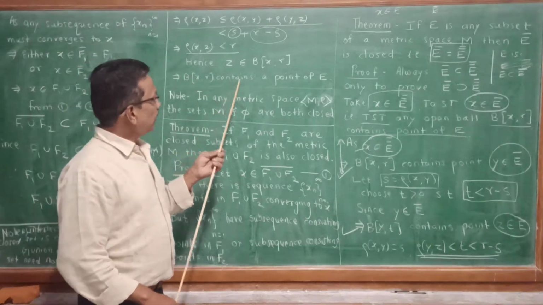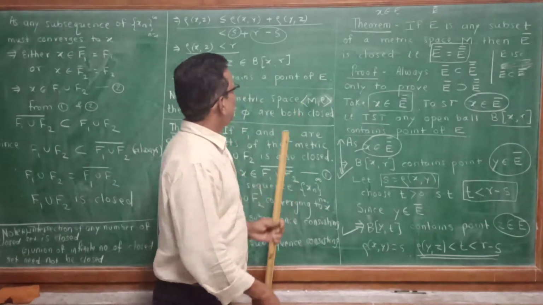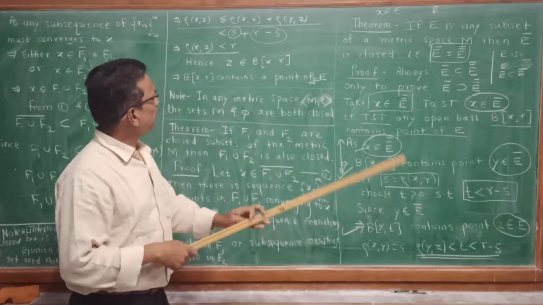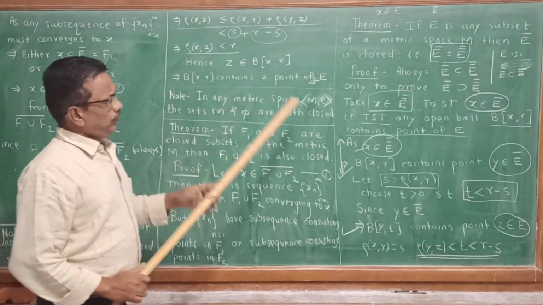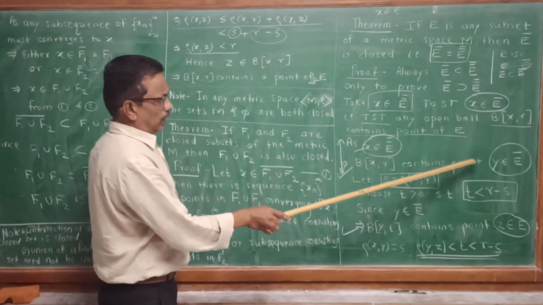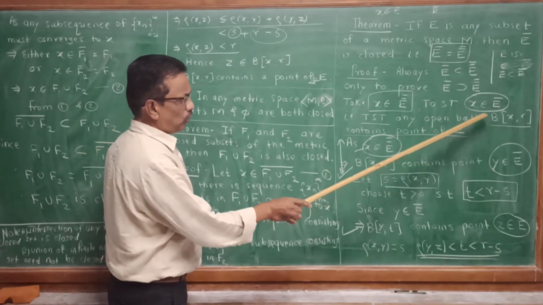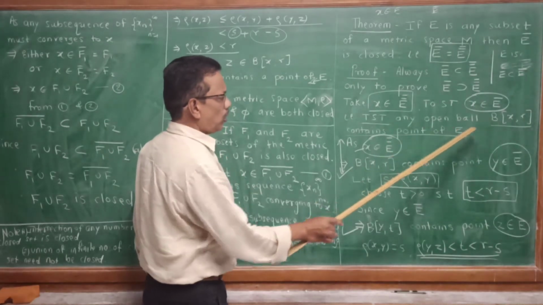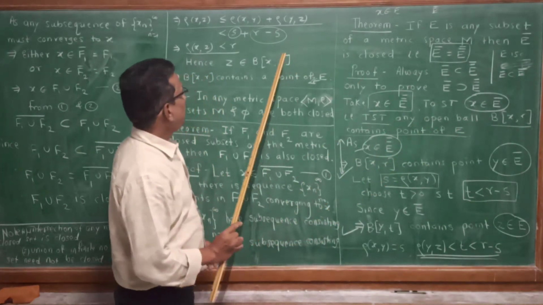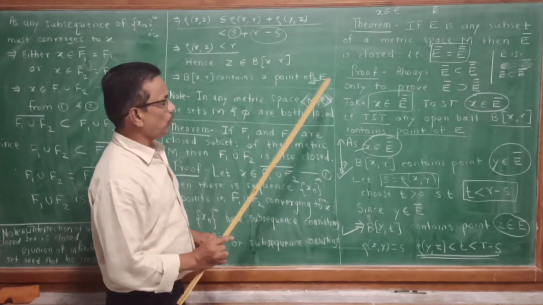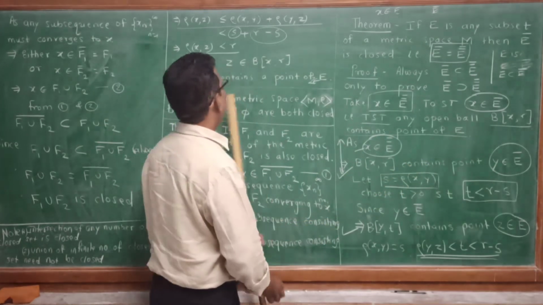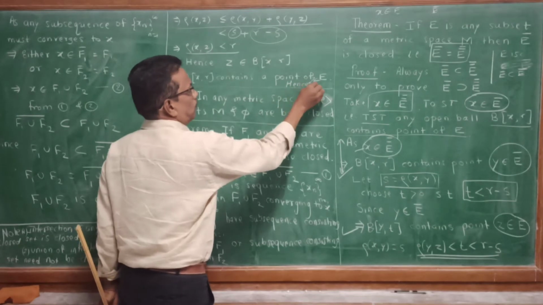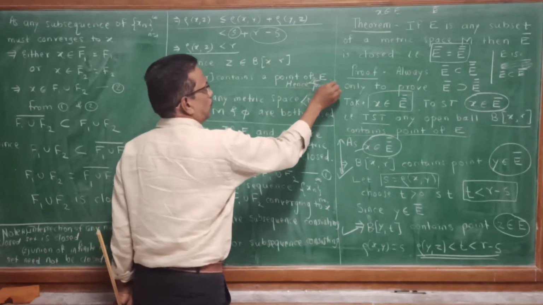Therefore, B of x, r contains a point z which belongs to E. That is what we wanted to prove: any open ball of x contains a point of E, and hence the proof.